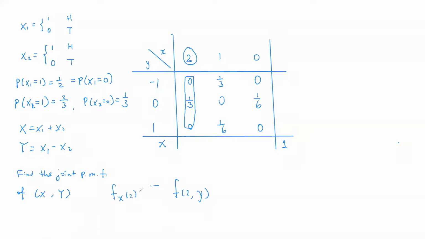It equals the sum over all y of the joint PMF. So literally just add these three numbers, you get 1/3, and add these three numbers, you get 1/2 and 1/6. Add them up, you'll get 1, because the marginal distribution is a distribution.